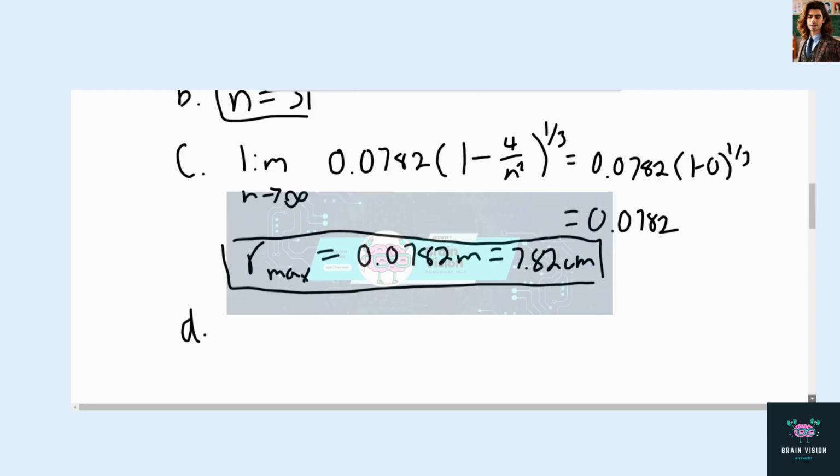And then in part D, we're asked what happens if we have a sphere bigger than this maximum value. And the answer here is actually quite simple, and that is that the sphere will float. And that's really all there is to it. At that point, we have a fixed mass for the sphere.